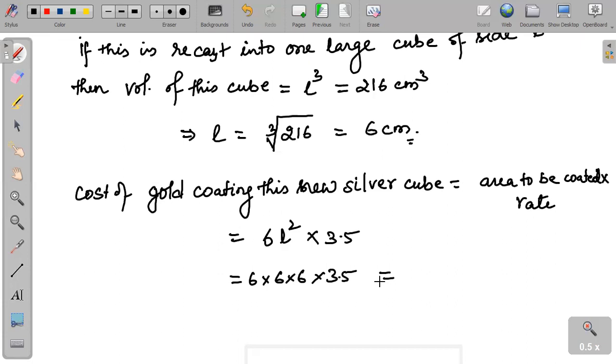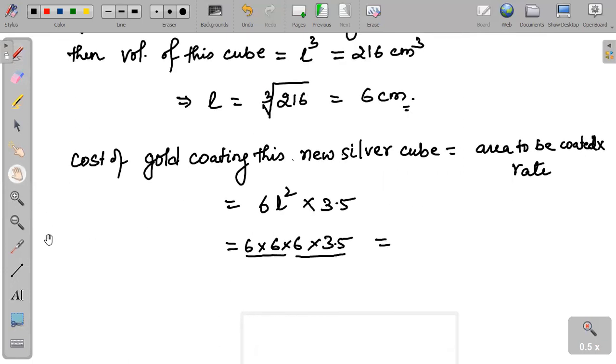So tell me, what is the cost of gold coating this new silver cube? The new silver cube is equal to area to be coated into rate, 6L square into 3.5.